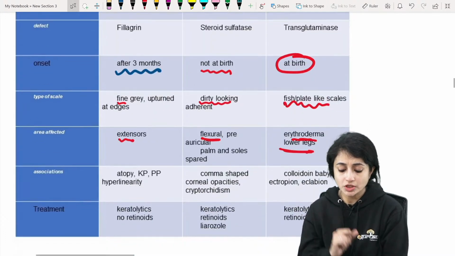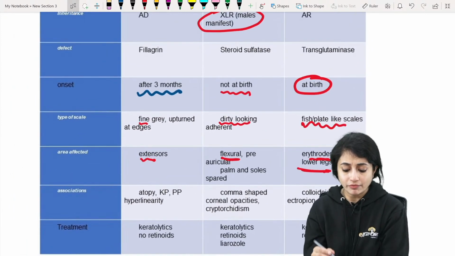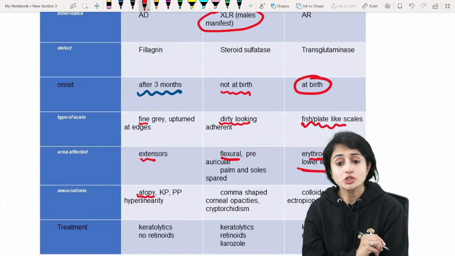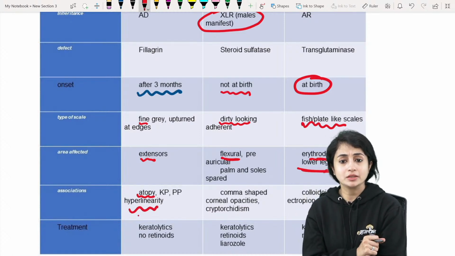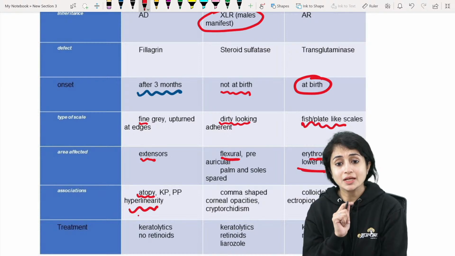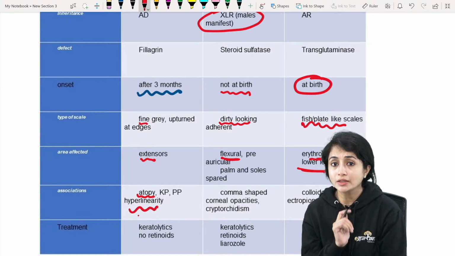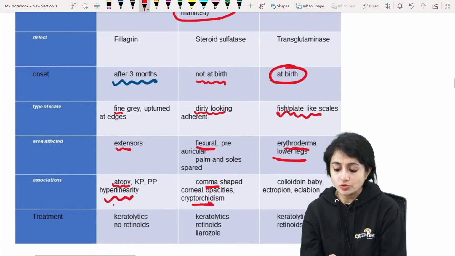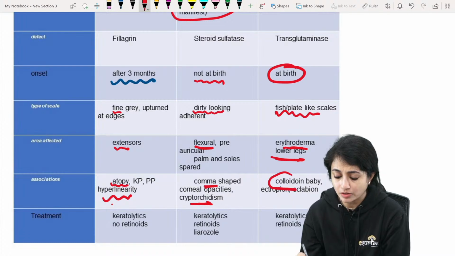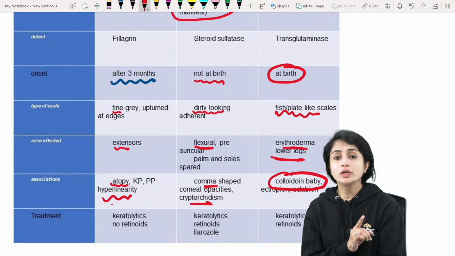Then the associations are also very important. Ichthyosis vulgaris, you will typically get a history that a patient is atopic, there is a palmoplantar hyperlinearity that may be given to you. Whereas XLRI have associations like comma-shaped opacities and cryptorchidism. And lamellar ichthyosis has the typical association of colloidal baby, a baby who's born in a colloidal membrane.